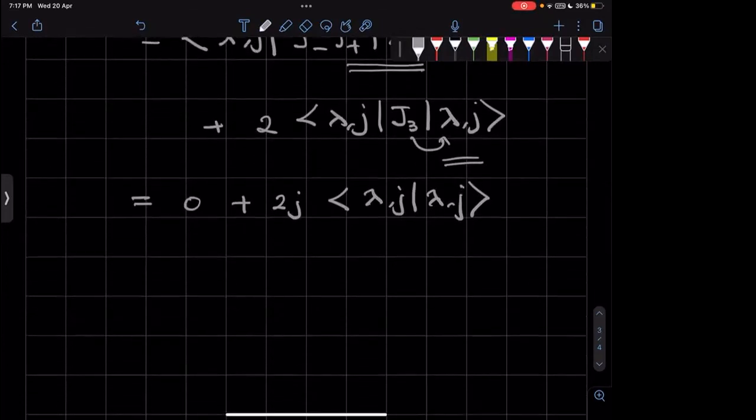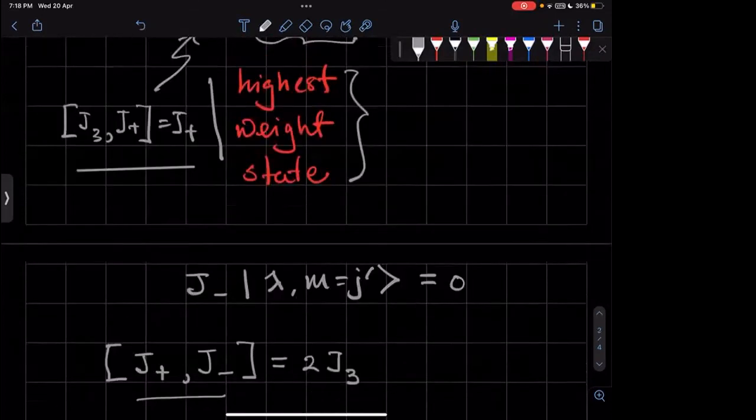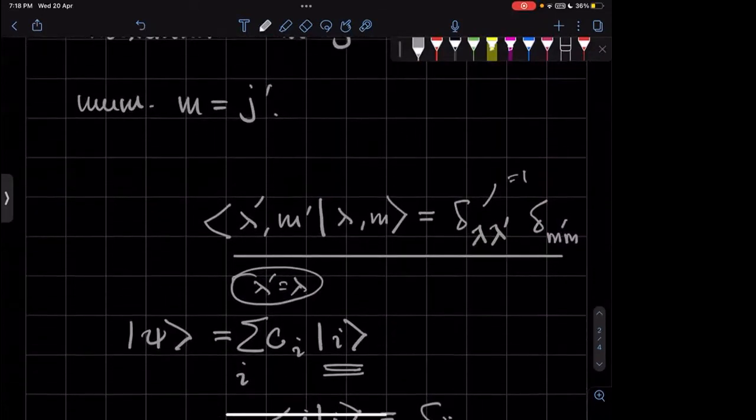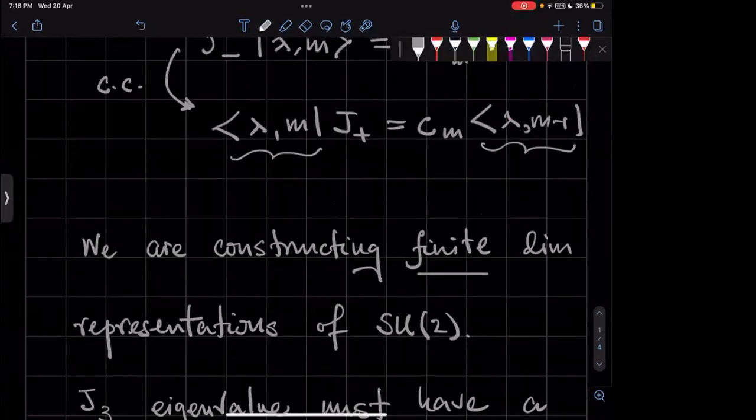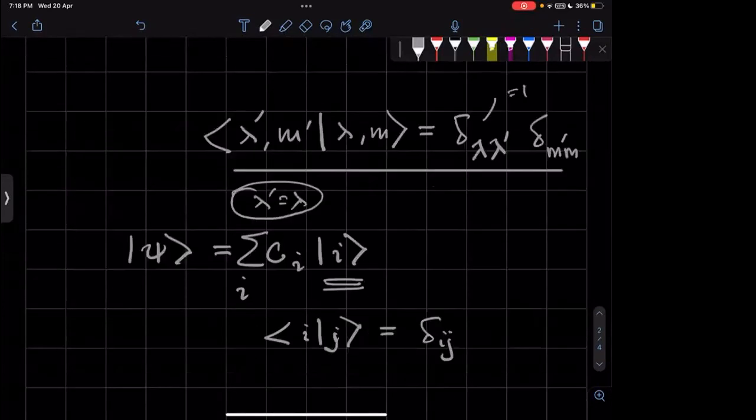So on the left-hand side, on the other hand, if I apply J minus on something, I get the C value of that with that index.